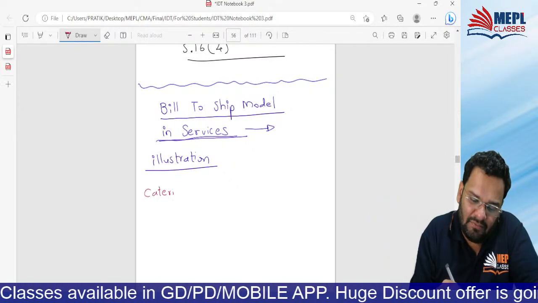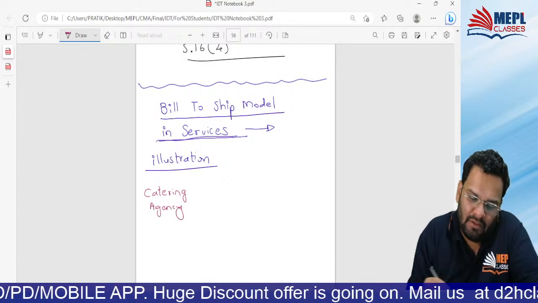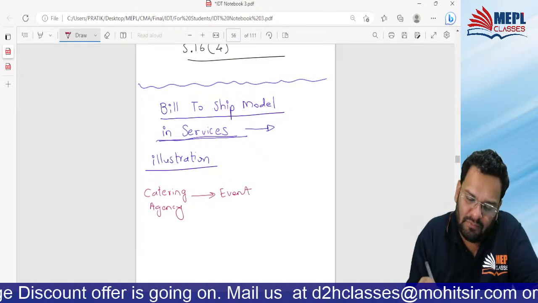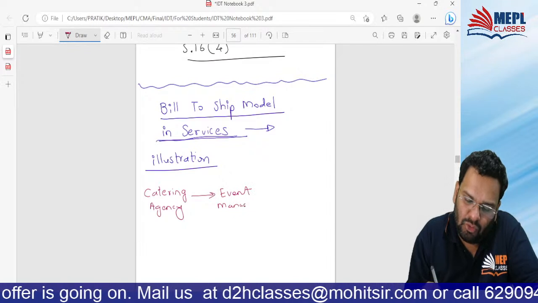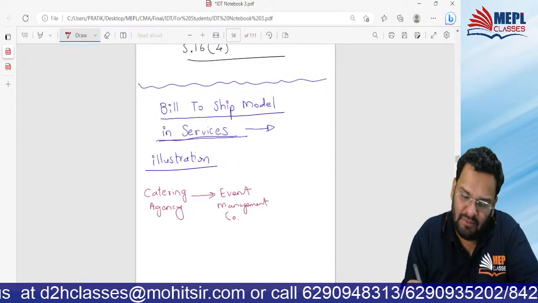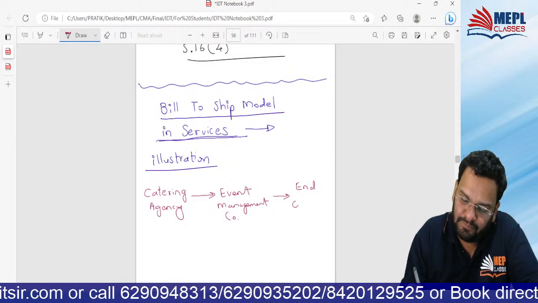Now the catering agency is going to give service to the event management company, and the event management company is going to give service to the end customer.